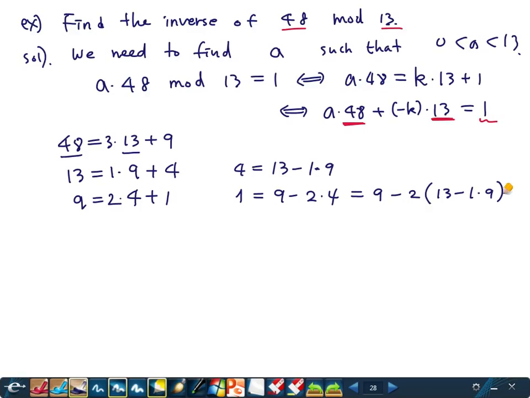Okay. Now simplify this. Minus 2 times 13. This is 2, 2 plus 1, so it's 3 times 9. All right. Now what is 9? 9 is 48 minus 3 times 13. So replace 9 by this.